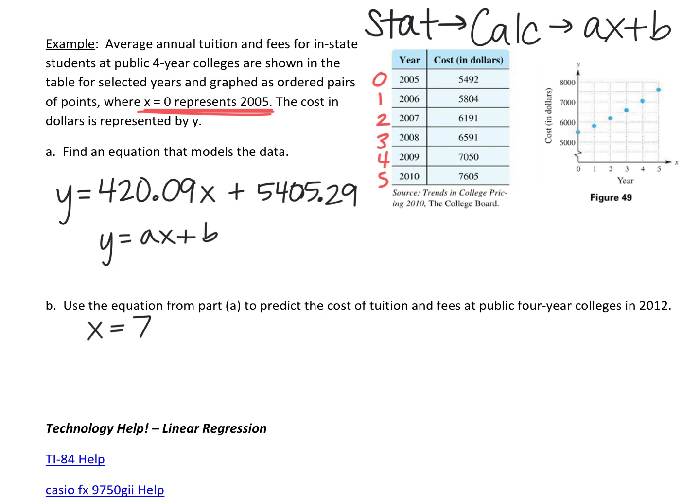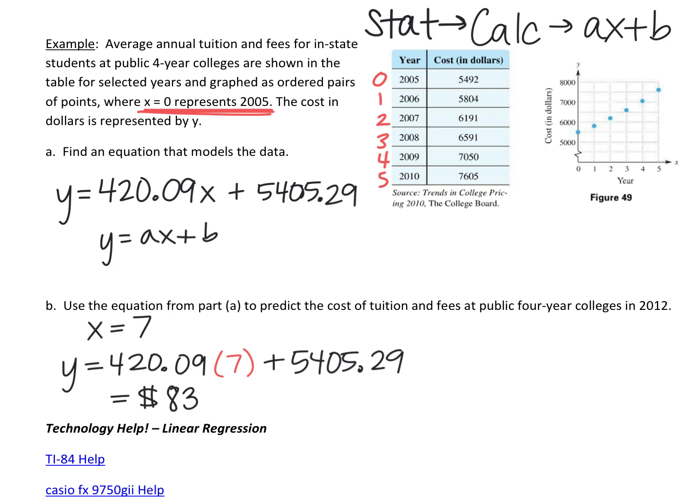X is 7, so y equals 420.09 times 7 plus 5,405.29. So you should have done this before, like I said, in Algebra 1. Go ahead and multiply that, solve it out. You can check with the board when you think that you have it.